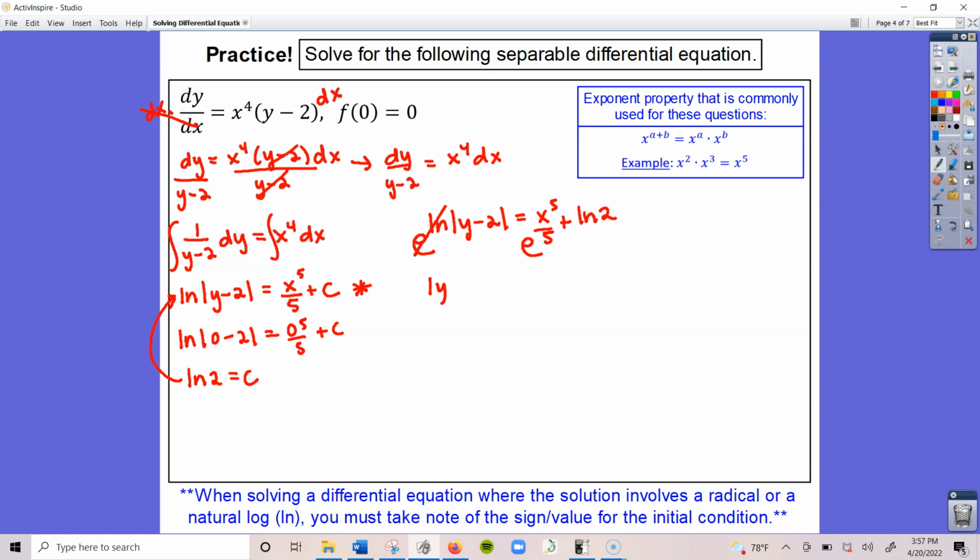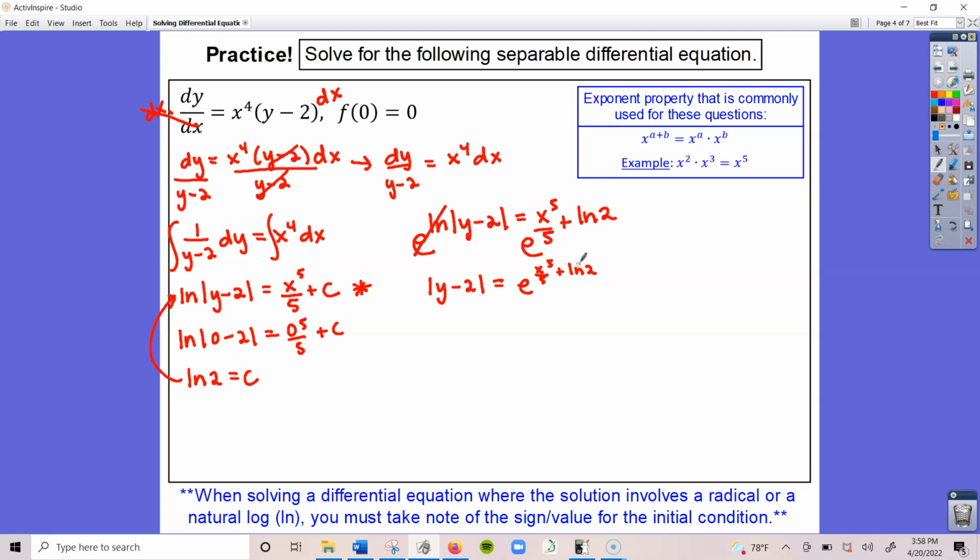I'm left with the absolute value of y minus 2 is equal to e raised to the exponent of x to the fifth over 5 plus the ln of 2. In this situation, I know that e and ln will cancel, so I can try to simplify this a little bit. But we have this x to the fifth over 5 in the beginning, which does not allow me to cancel out e with ln because of that. So what we can do here is we can apply our property of exponents.